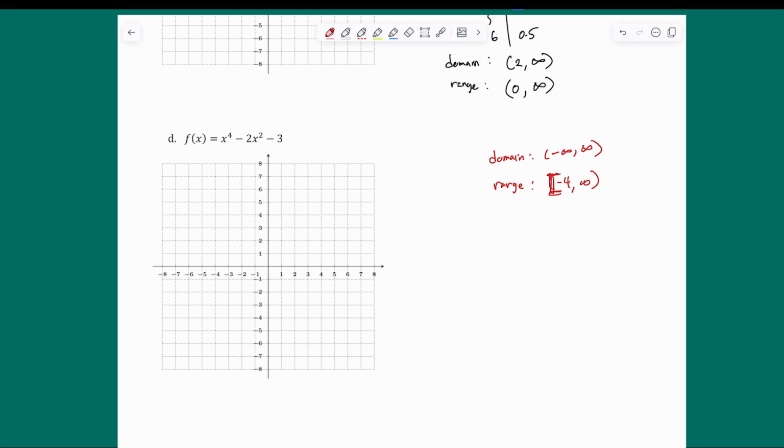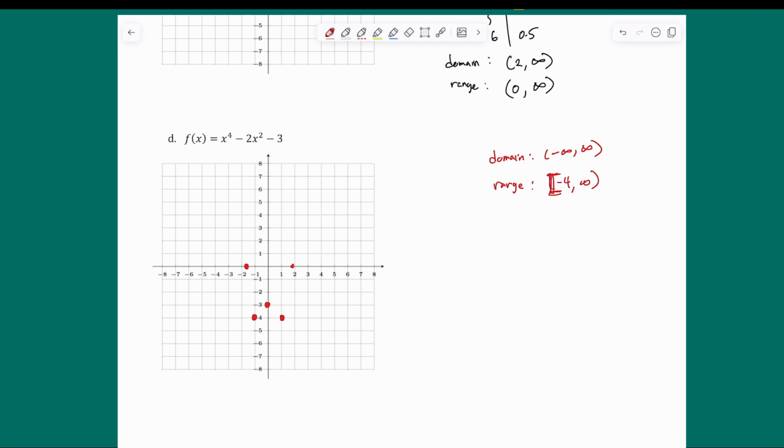And using decimals here, we saw that we have a point at negative 1, negative 4, and positive 1, negative 4. And then one of the characteristic points here was at 0, negative 3, which is called the y-intercept if you recall. And then we had, say, x-intercepts close to negative 2 and close to positive 2.